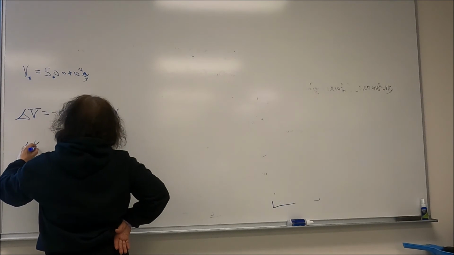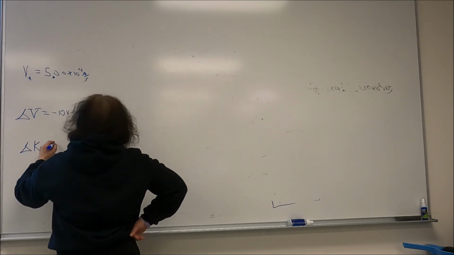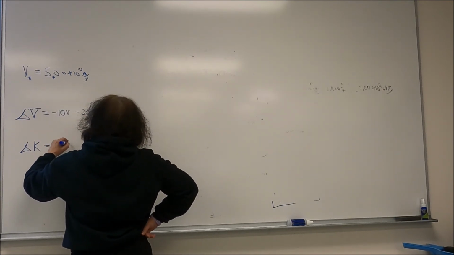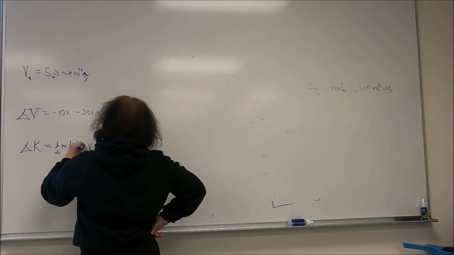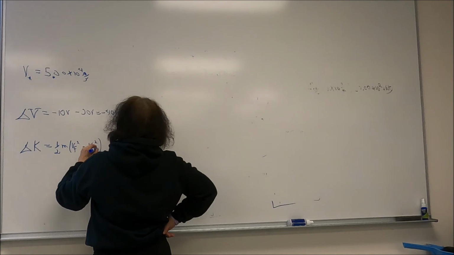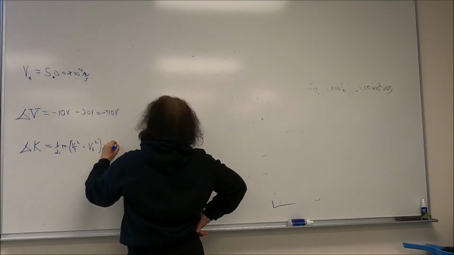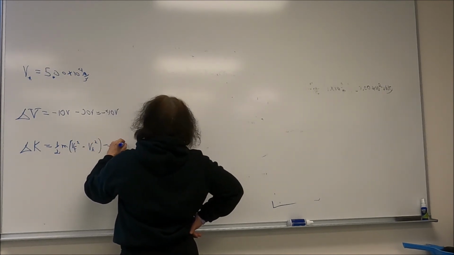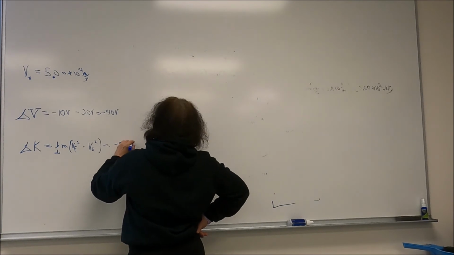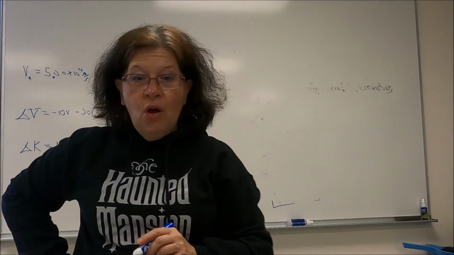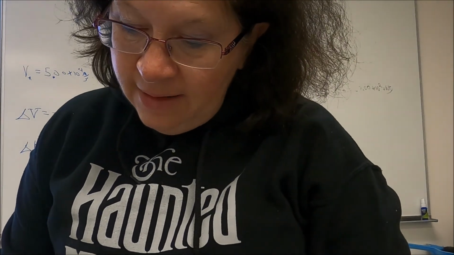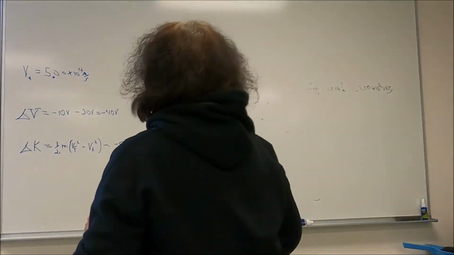Our change in kinetic energy, which is equal to 1/2 m V final squared minus V initial squared, is equal to minus Q delta V. Now, we're told that this is a proton.